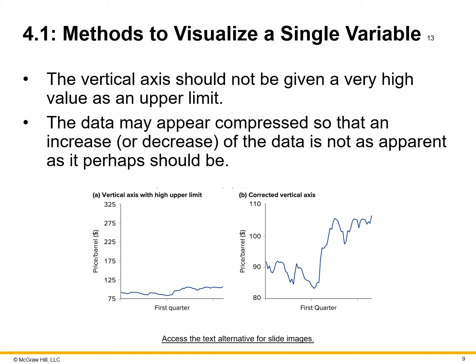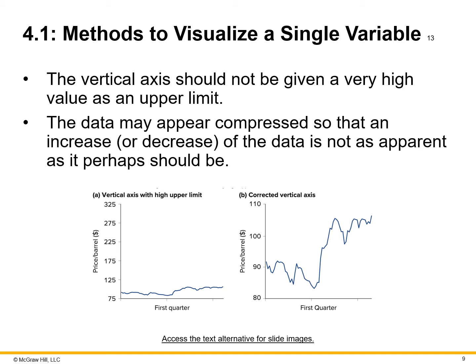Another important factor to consider when providing a line chart in a data visualization is that you could have the vertical axis ranges, or intervals, too far apart, so you're not getting a true evaluation of the line graph.